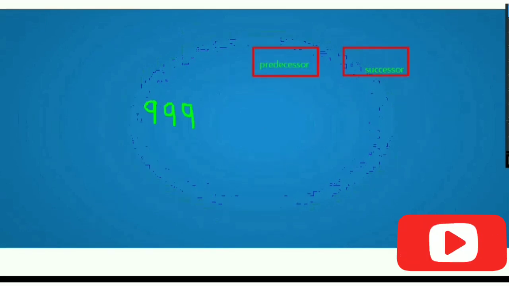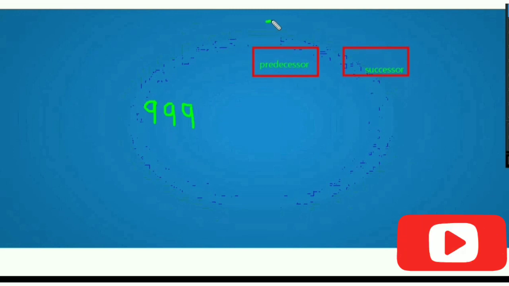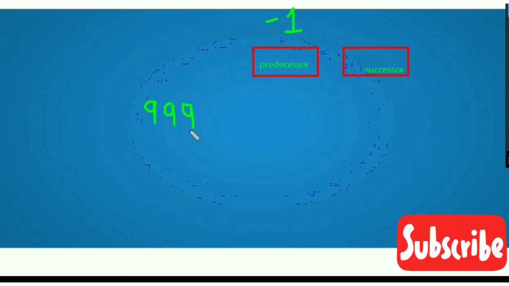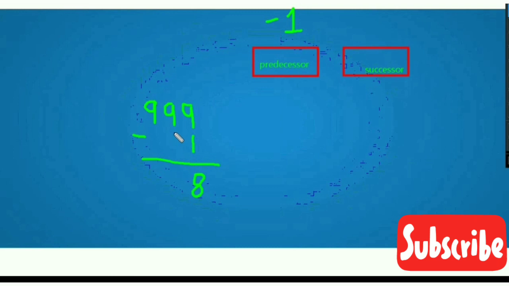Now see what is the predecessor of 999. How will we find it? To find the predecessor, we subtract 1 from the given number. Okay. Now 999 minus 1. 9 minus 1, 8. 9 minus 1 equal to 8. 9 as it is.